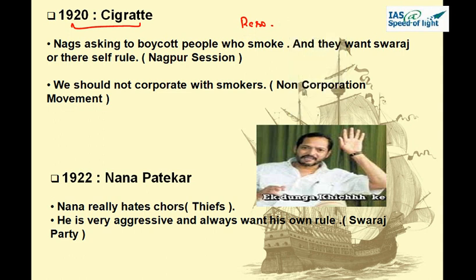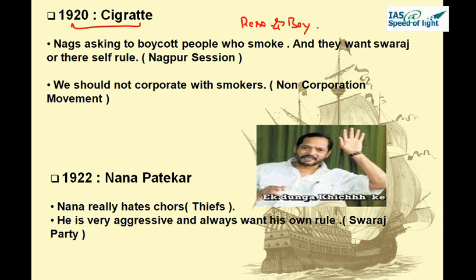So these Nags, these snakes, they are asking us to boycott all those people who smoke, and they want their Swaraj or their self-rule. So see an image where so many snakes or Nags come to you and they are saying you should boycott all those people who smoke. And also one more thing is, we want our own rule, why can't we snakes rule, and we should not cooperate with smokers.